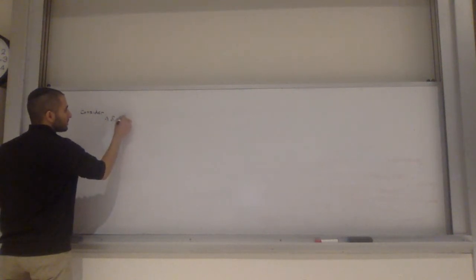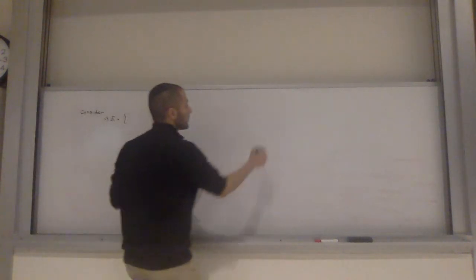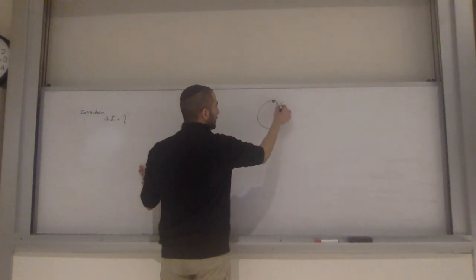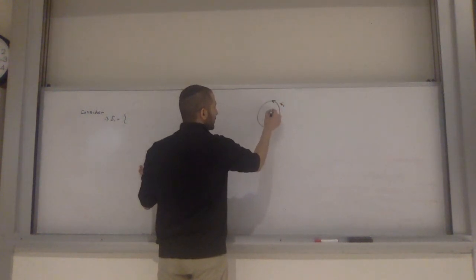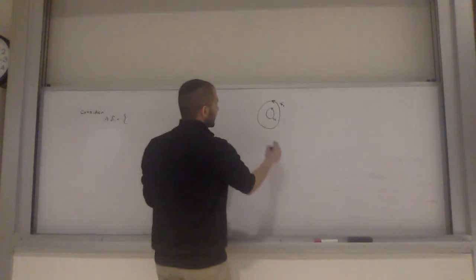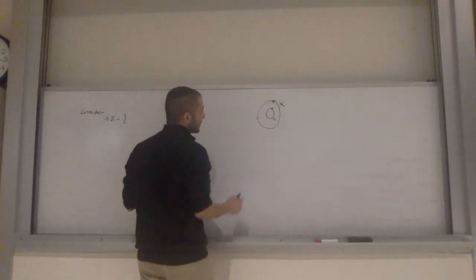What is delta 1? Well, let's make an image of it, then we'll define it. So again, this over here is gamma 1. This over here is gamma 2. Let's say that gamma 1 at time t naught, so in the beginning of time, is here.